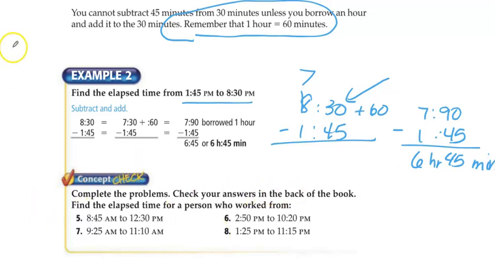So if I work number 5, I am taking 12:30, subtract 8:45. Okay, my bottom number is bigger, so I have to borrow. Again, I'm going to go over here and make this 11. I'm going to add 60, not 10, for an hour.